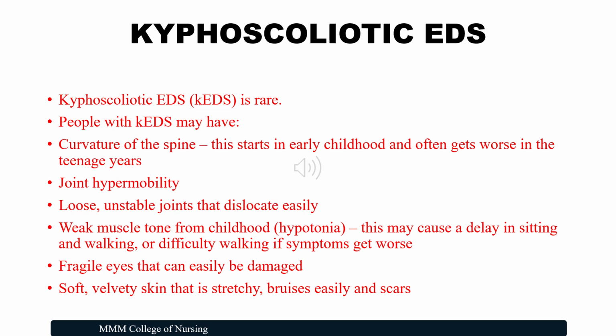People with kyphoscoliotic Ehlers-Danlos syndrome will have curvature of the spine which starts in early childhood and gets worse in the teenage years, joint hypermobility, loose unstable joints, weak muscle tone from childhood, that is hypotonia, which causes a delay in sitting and walking or difficulty in walking, fragile eyes that get easily damaged, and soft velvety skin which bruises easily and scars. So these are the common symptoms of kyphoscoliotic Ehlers-Danlos syndrome.